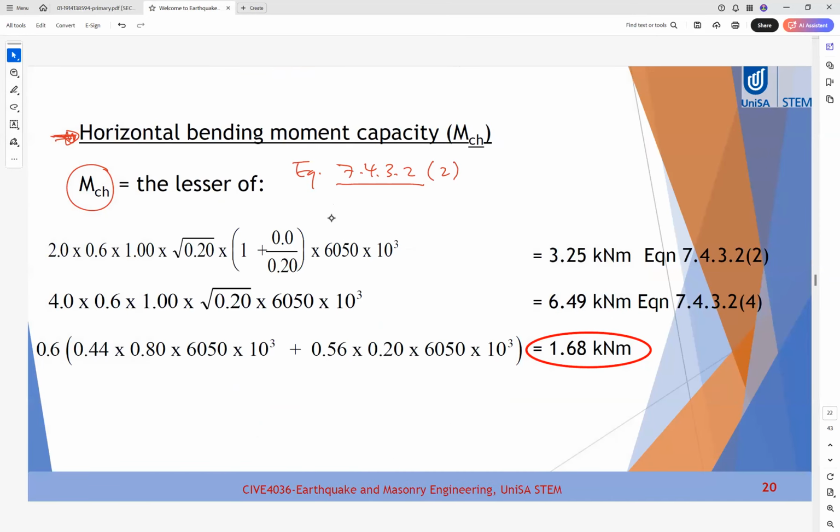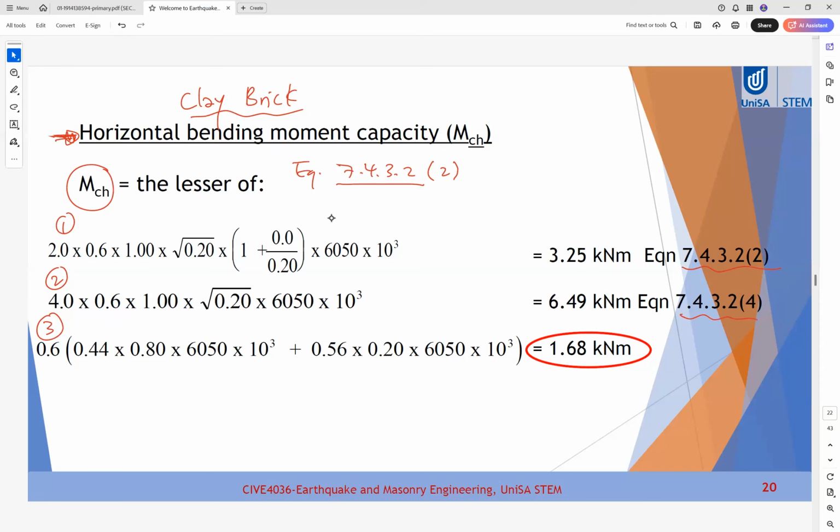Because we have clay brick, we take one of the three values, number 1, number 2, number 3.